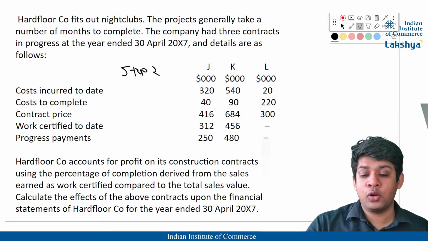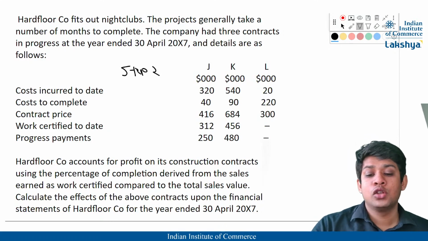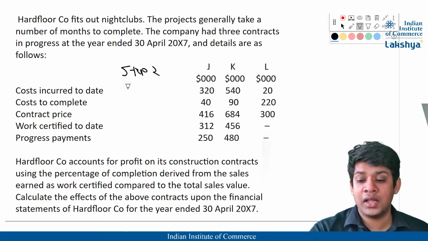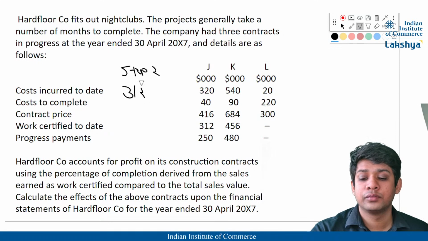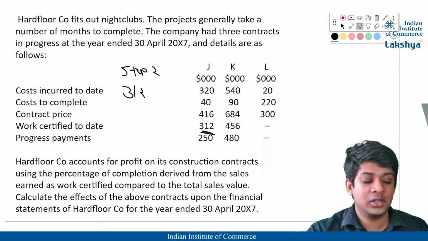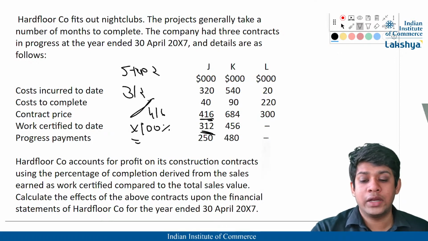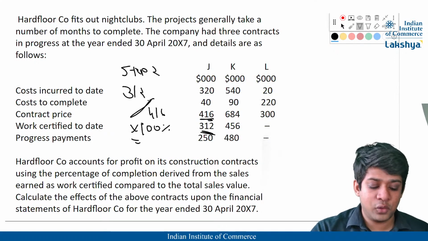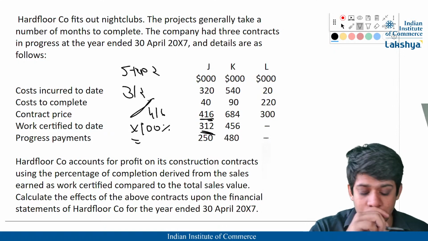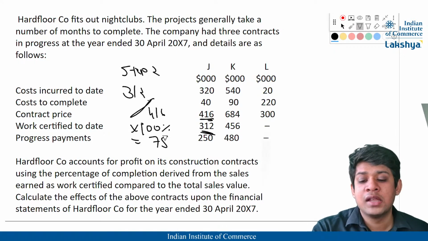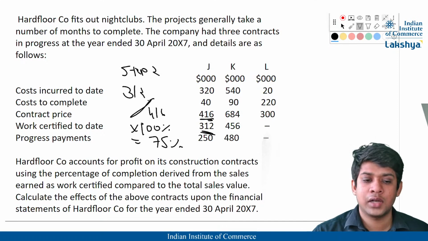For the measurement of the progress, guys, we have to take the work certified which is considered, right? So work certified will be nothing but 312, which is for project J, divided by the total contract price, that is 416, into 100%. So 312 divided by 416 into 100%, that is going to be 75%, right?